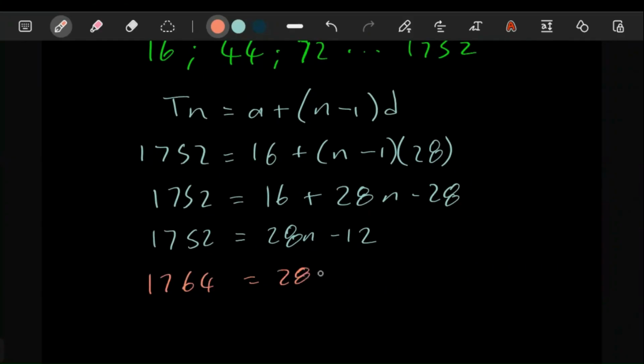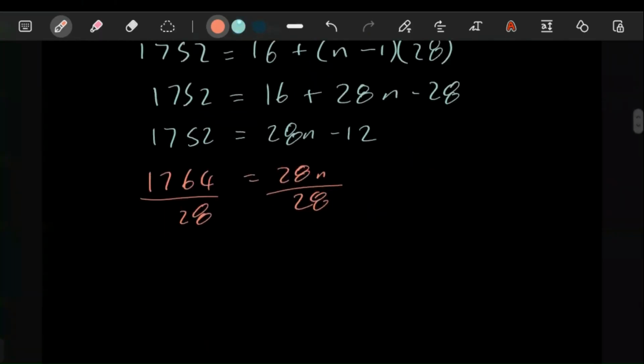Divide both sides by 28 now. This cancels this. 1764 divided by 28 gives you 63. So it's telling you that you have a total of 63 terms in your sequence that are divisible by 4.